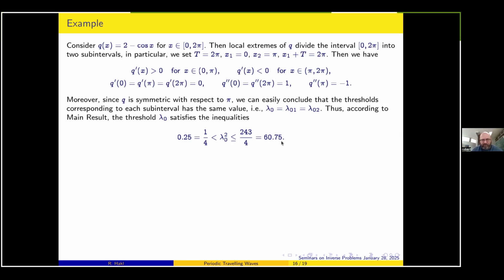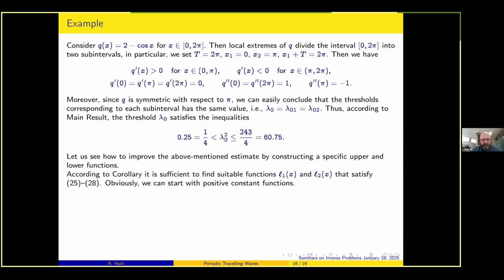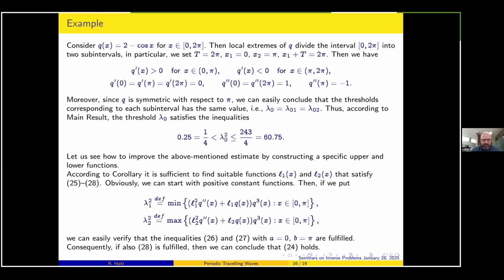This is very large. So we can use the corollary and, for example, start with the constant functions L1 and L2.